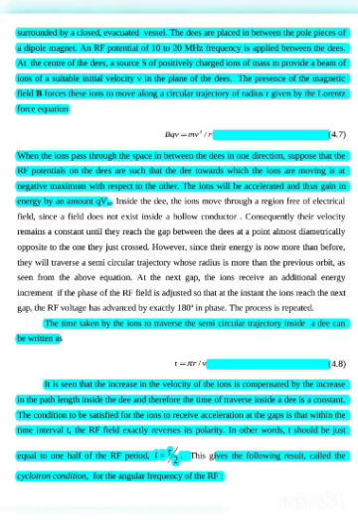The process is repeated. The time taken by the ions to travel the semicircular trajectory inside a D can be written as T is equal to pi r by v. The increase in velocity of the ions is compensated by the increase in path length inside the D, and therefore the time traversed inside the D is a constant.